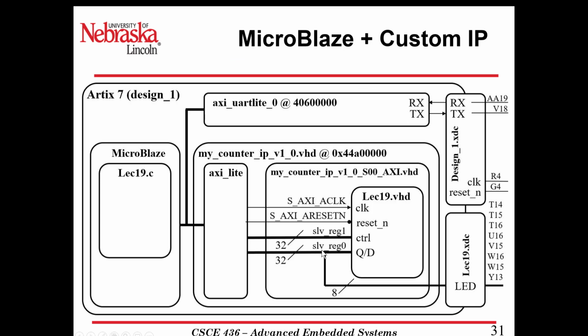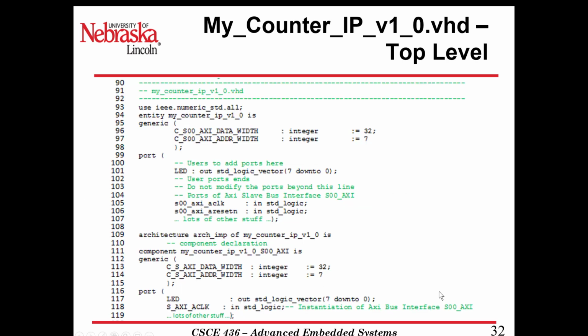So we're going to connect it to those slave registers on the bus. Otherwise, you have to port map it out to that lecture 19 LED XDC for those LEDs. If you want it to connect to the MicroBlaze, we're going to connect to the slave register via the AXI bus.